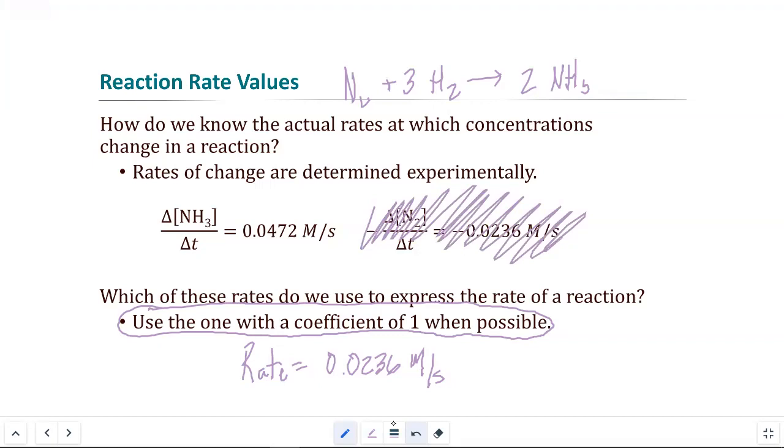I was only given the ammonia. Well, if I take that value and divide it by 2, which is the coefficient of the ammonia, I get the 0.0236. So it really just comes down to what do you have? What are you looking for?